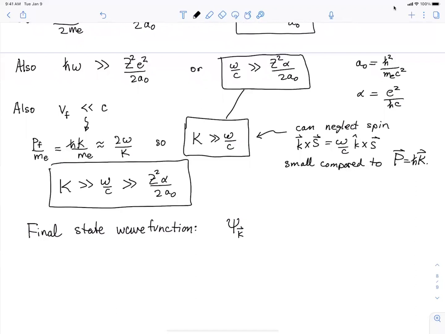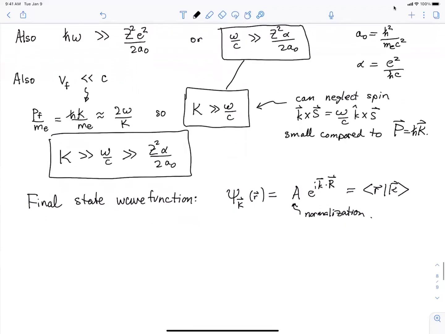Let's write down a plane wave function. It's got some normalization factor times e to the i k dot r as the wave function. Okay, but the problem is if I take the norm of that state, I get infinity.